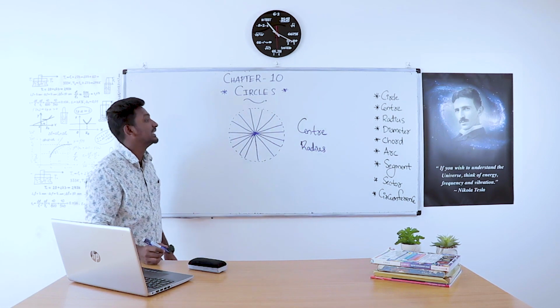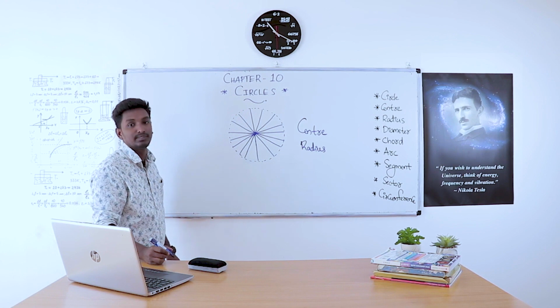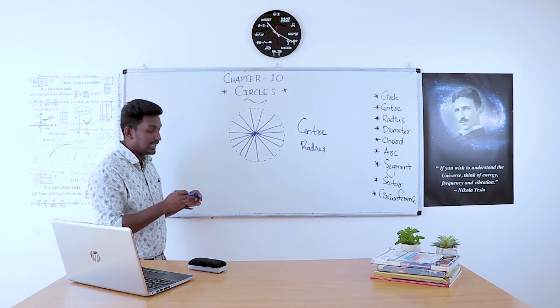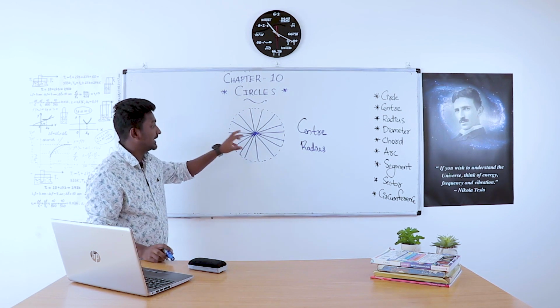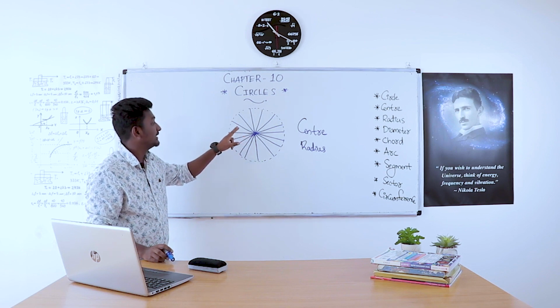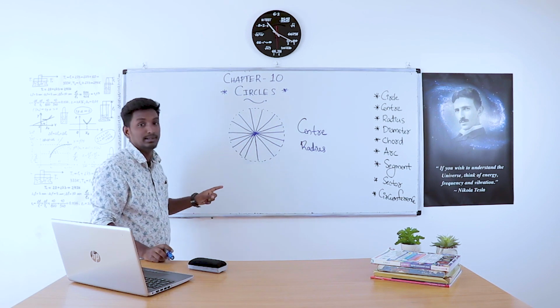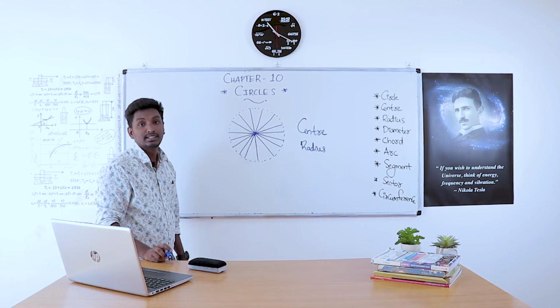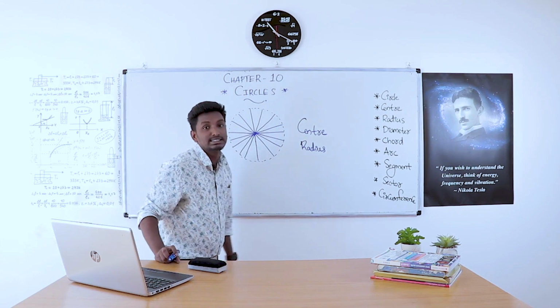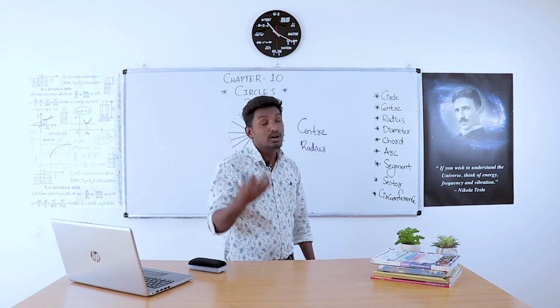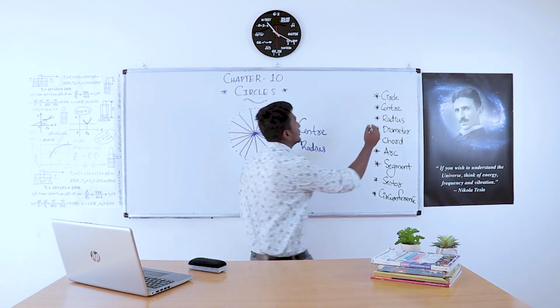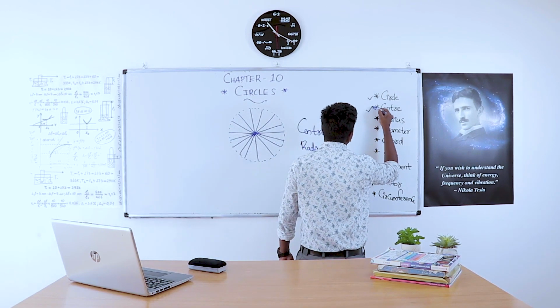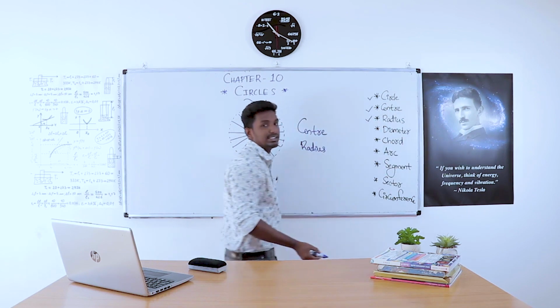Clear? That means the fixed point is the center of the circle and the fixed distance from the center to the point on the circle is its radius. Now you are clear about what a circle is, its center and its radius.